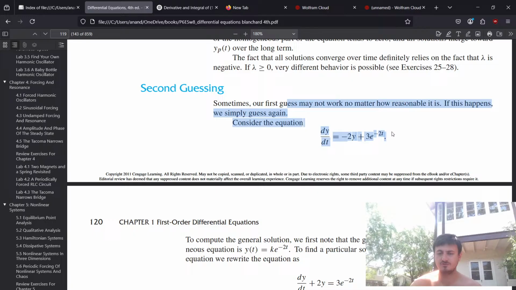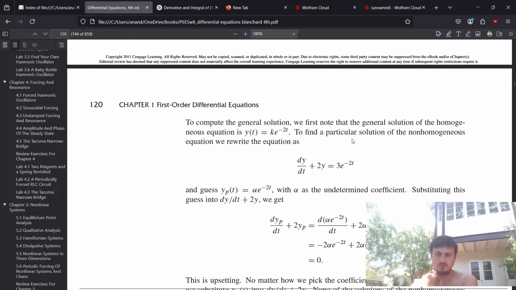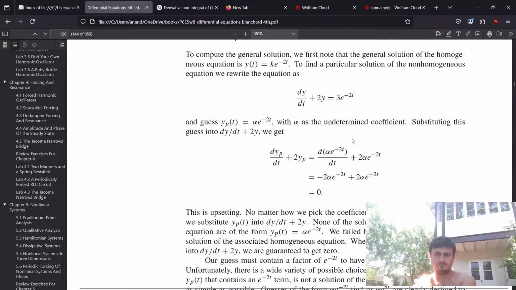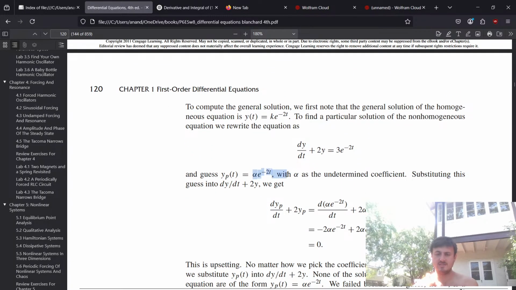I got alpha equals 3, beta equals -1. Oh, they guessed this. I just put a parameter there.